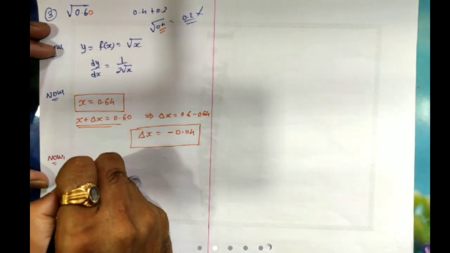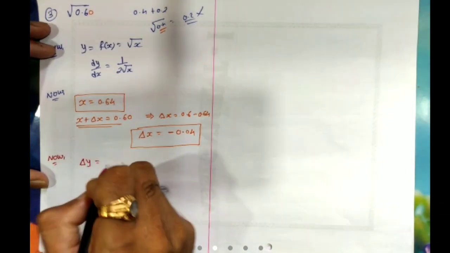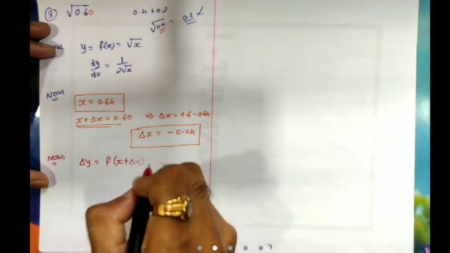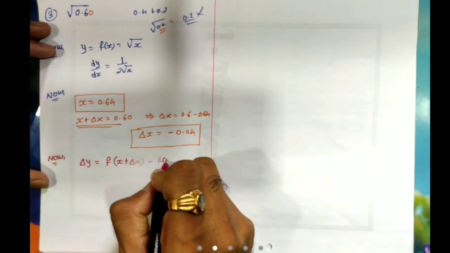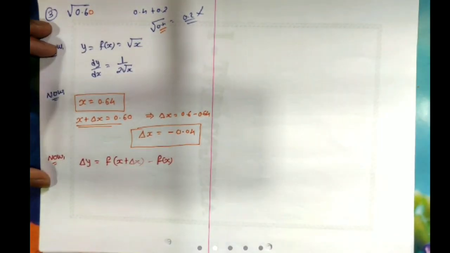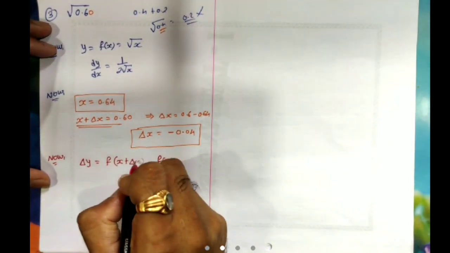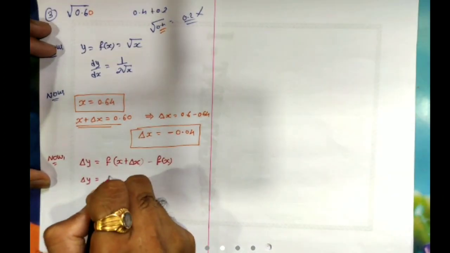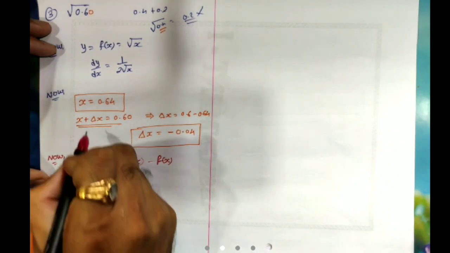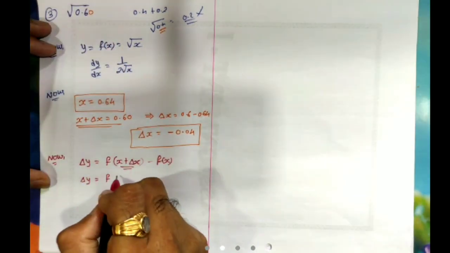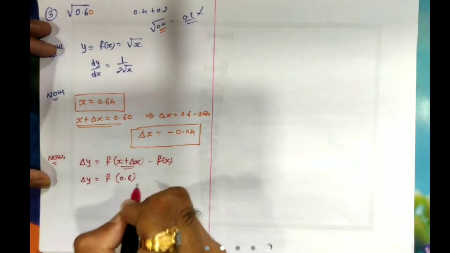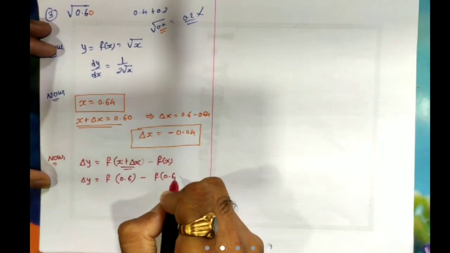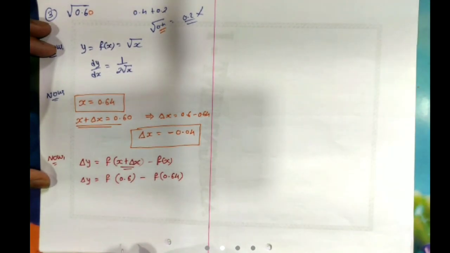So delta y is nothing but f of x plus delta x minus f of x. X plus delta x is nothing but the given number, 0.6, minus f of x, the perfect x, which is 0.64.